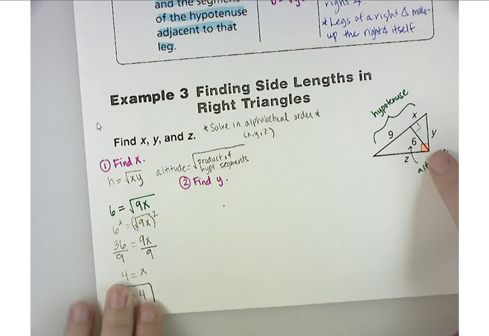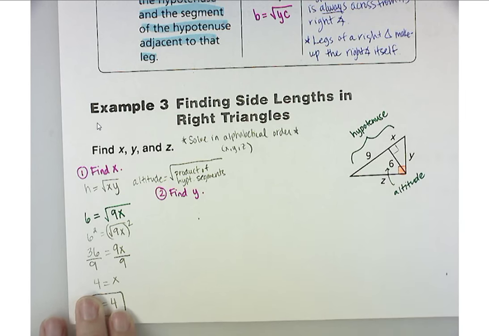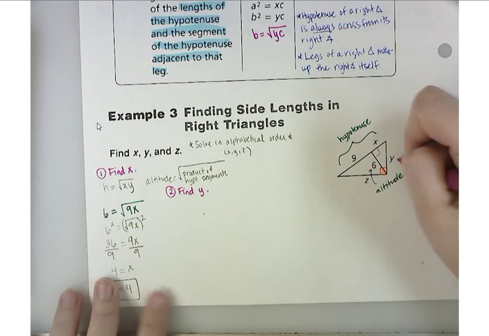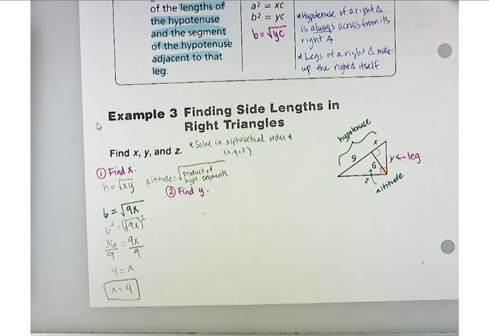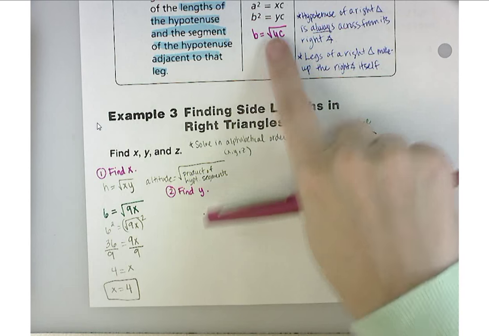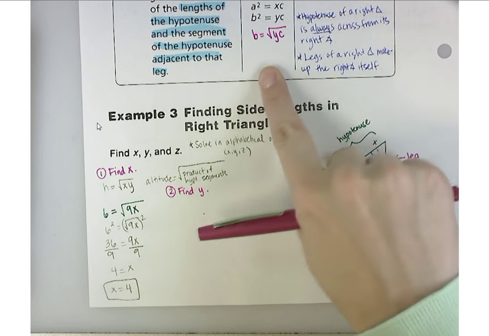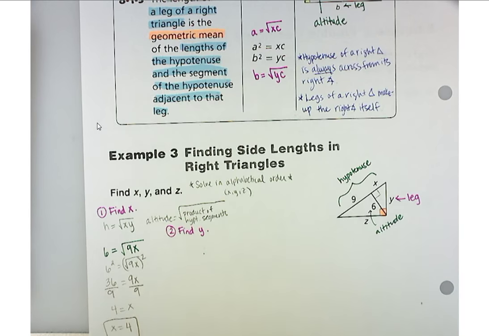Okay, now what part of the triangle is your y? Good, yep, it's your leg. Okay, so all we have to know is it's a leg, because then we can solve using one of these two equations.